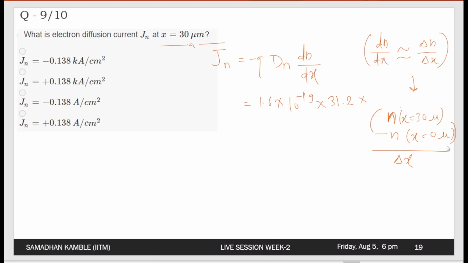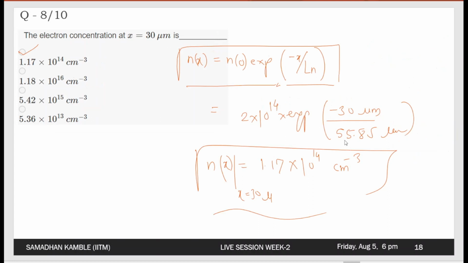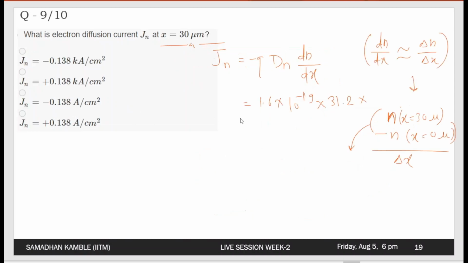So this is actually the parameter value for dn by dx. We can substitute the values we calculated in the previous example. N of x at 30 micron is given by 1.17 times 10 to the power 14.